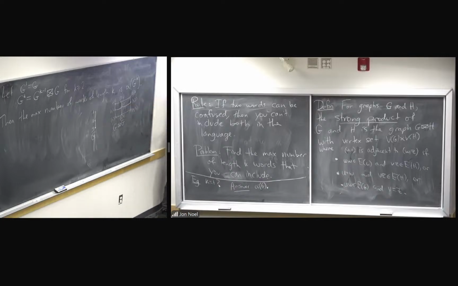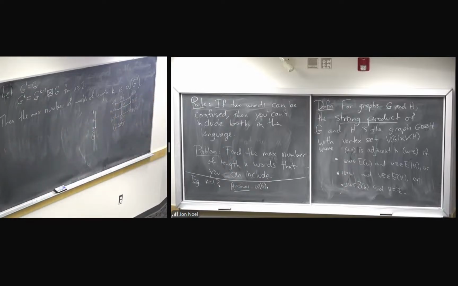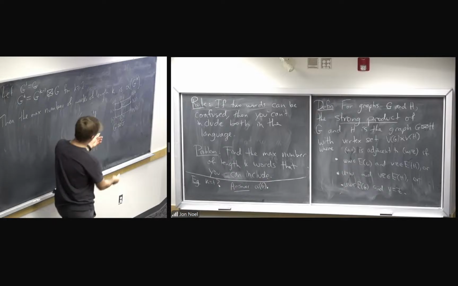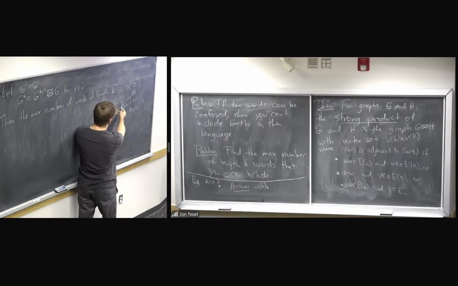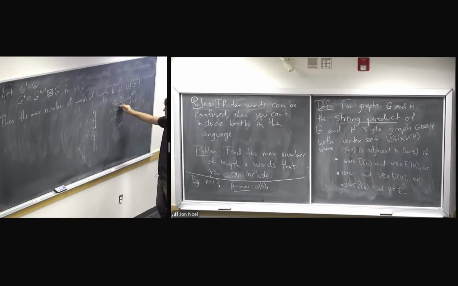So that deals with the second and third conditions. And then we just have to think about this first condition, which is like, for example, 1,1 should be adjacent to 2,2, because these can be confused. So it gives you these x's, like this.